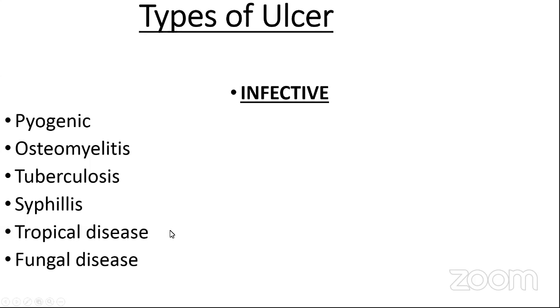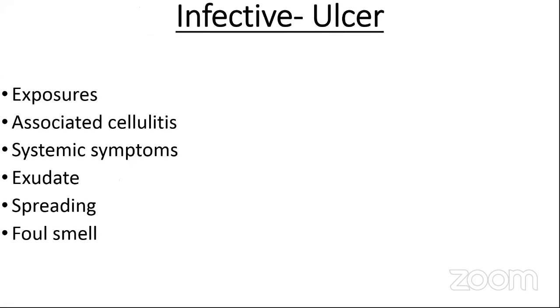Now, tropical diseases and infections can give rise to ulcers, and even fungal disease can also give rise to infection, especially in patients who are diabetics, who can be susceptible to fungal infection. So these can be the causes of infective ulcer.